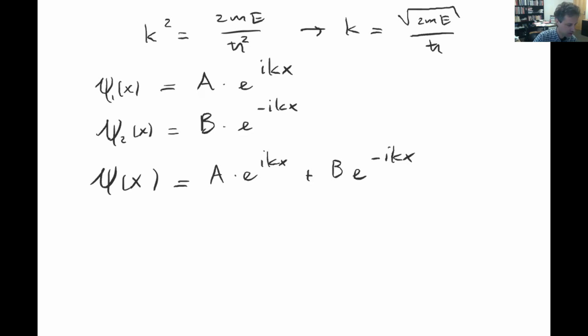Okay, so what does this mean? Does it have any meaning? I see just two complex exponentials. How do I interpret this? Well, let's focus on this first part, psi1, which is, of course, this.